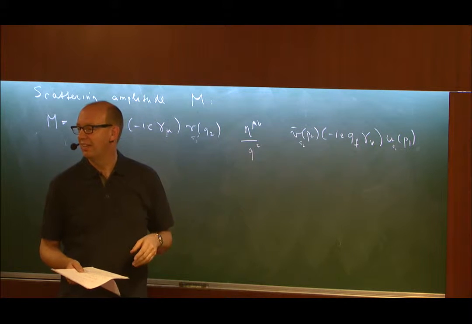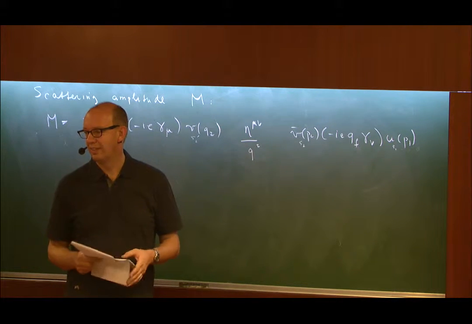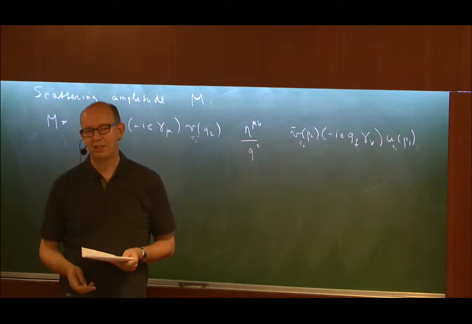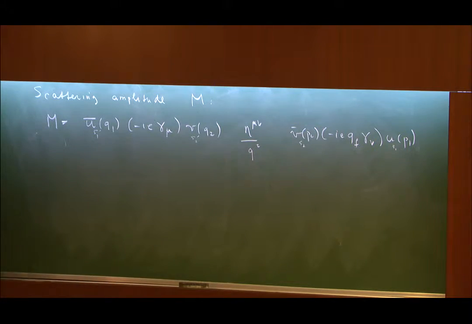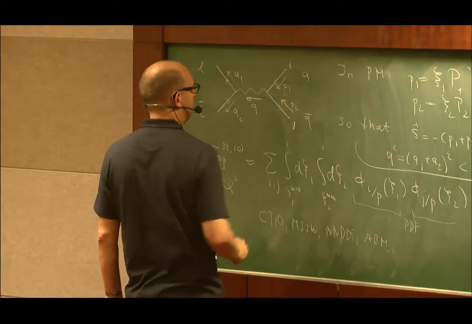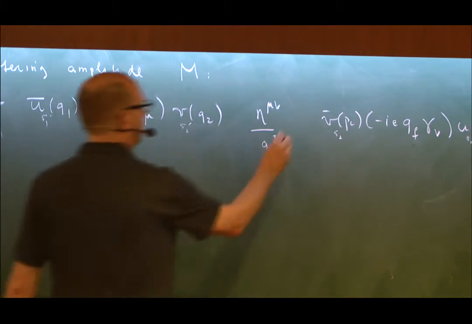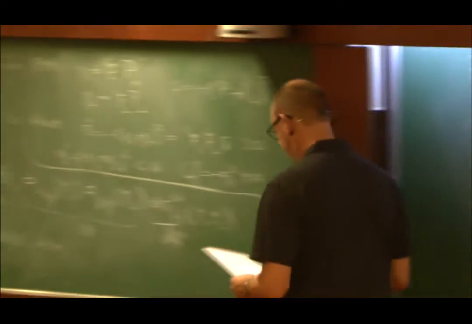It's a Kronecker delta that's missing. Of what? Colors. That's very good. So the leptons don't have color, but really I should write here also a color index i and j. So I really should write here δ_ij. It's a bit trivial. No color gets changed. It's all electromagnetic interactions.